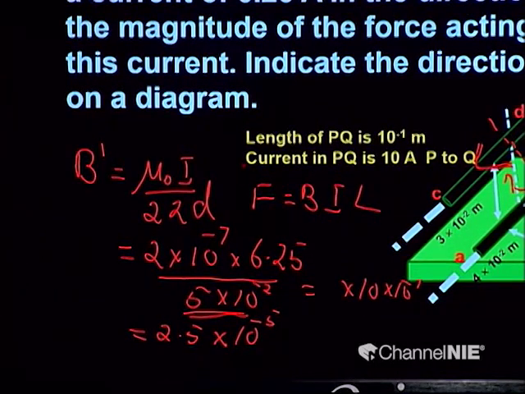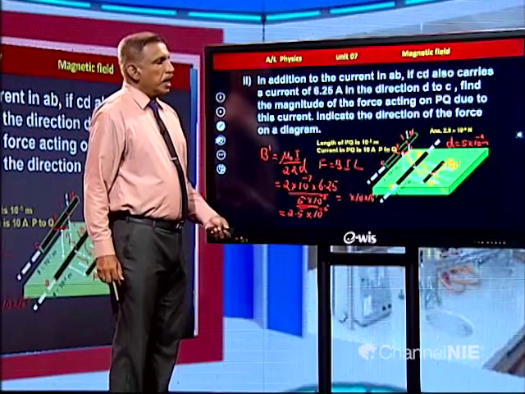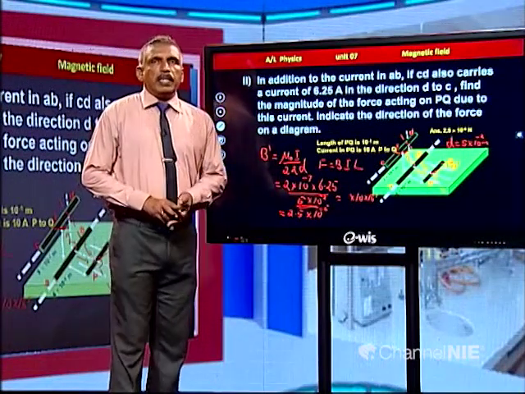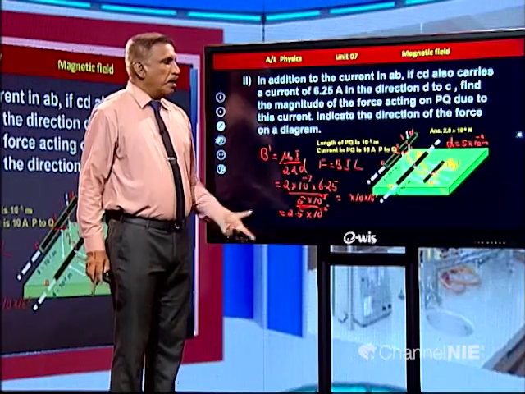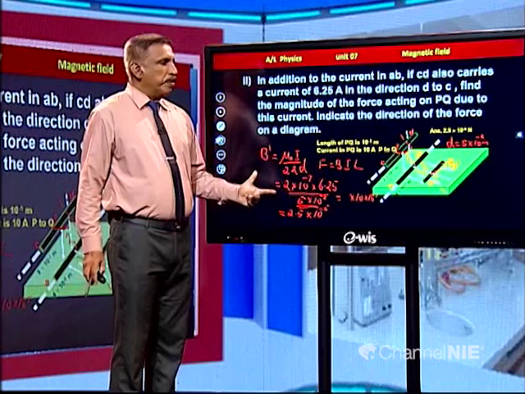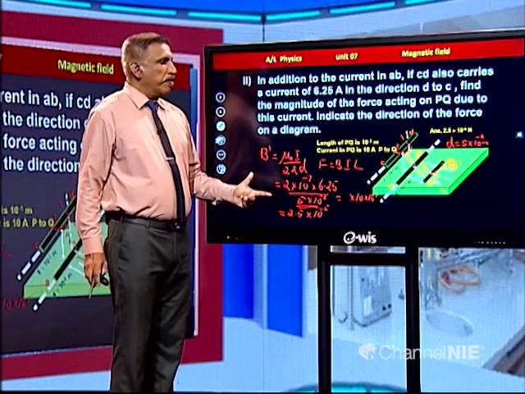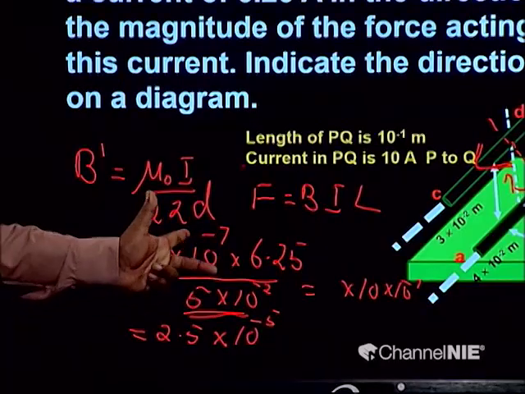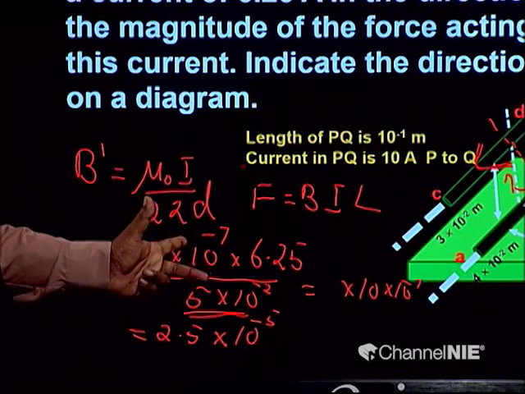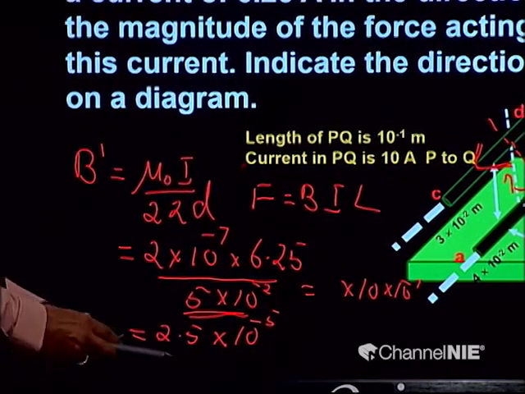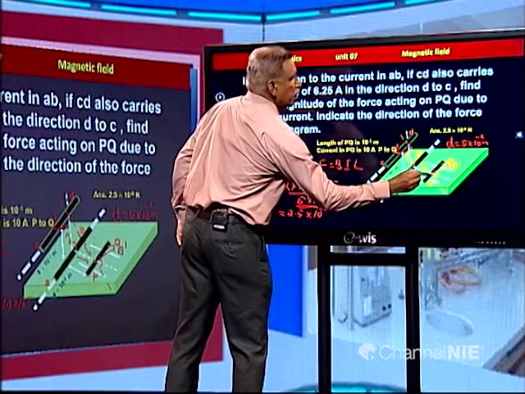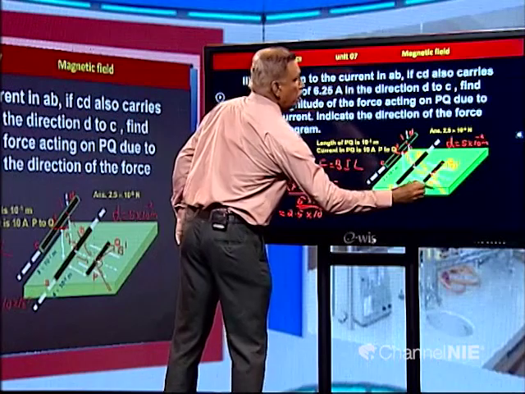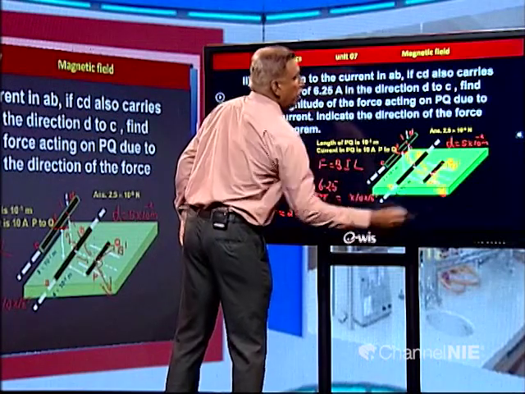Now, the direction is most important. Take your left hand, the first finger indicates the magnetic field direction, and the second finger indicates the current direction. Therefore, the force is acting this way, along the line joining the two conductors.